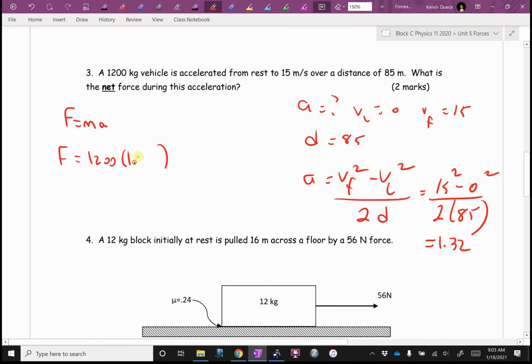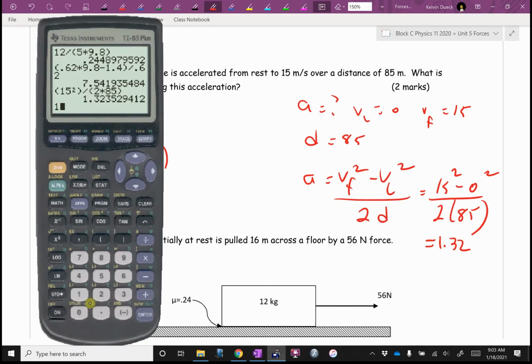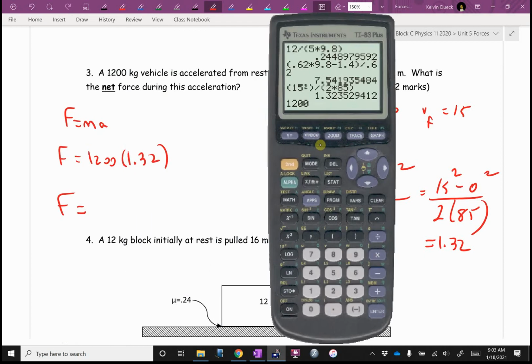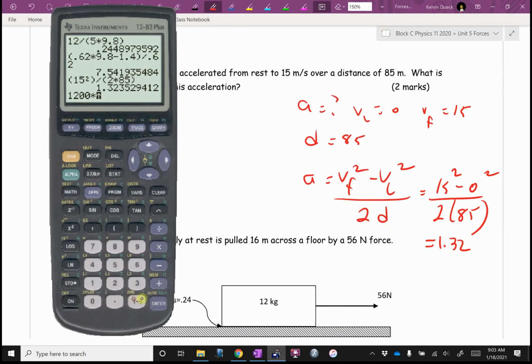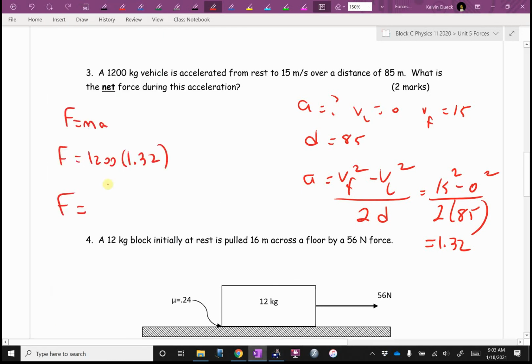But you know I'm going to use my answer button. Was it 1200? Yep. Do you get 1588? I'll go 1590. I'll go to 3 sig figs, as is my wont. If you got that, 2 out of 2.